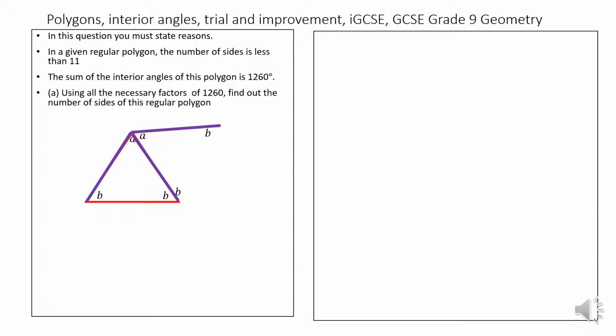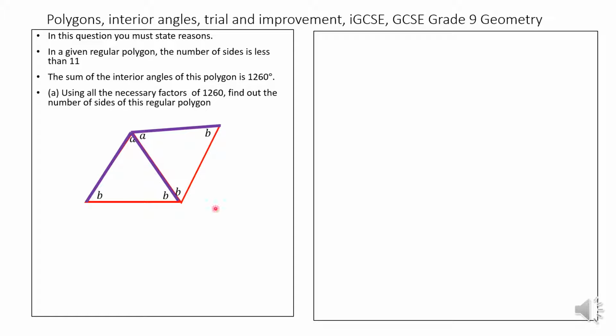Right, now what I've done here is to draw this diagram in which I try to illustrate that every polygon can be divided up into triangles. Each interior angle of this polygon can be bisected to give us two B's.